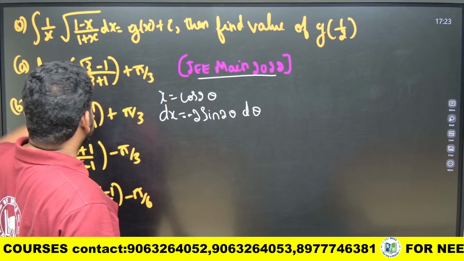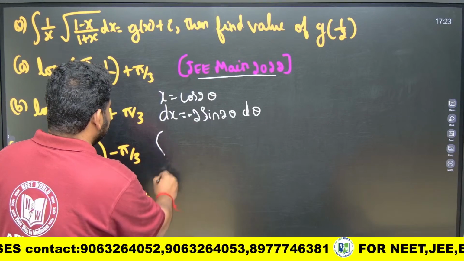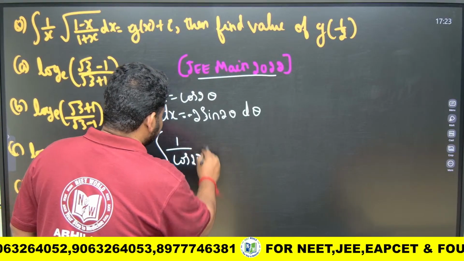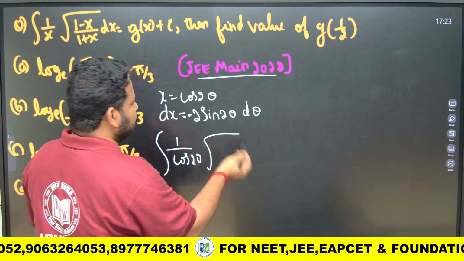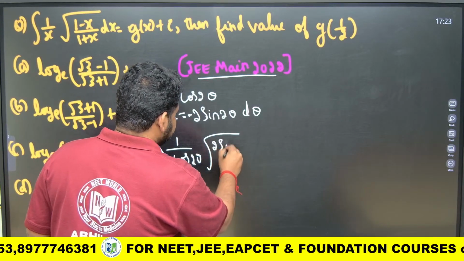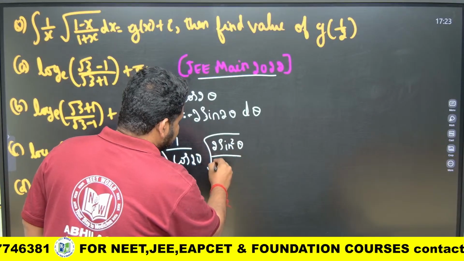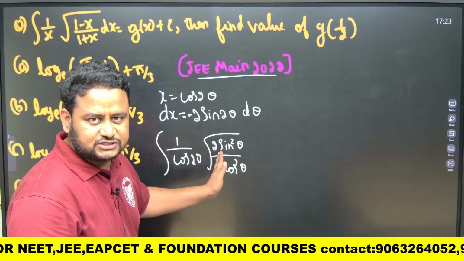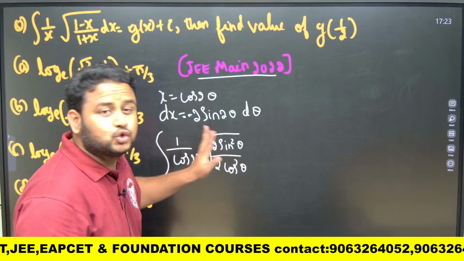Now if I put the values here, this will become 1 by cos 2 theta into square root of 1 minus cos 2 theta over 1 plus cos 2 theta. Similar to the previous question, 1 minus cos 2 theta is 2 sin square theta, and 1 plus cos 2 theta is 2 cos square theta.